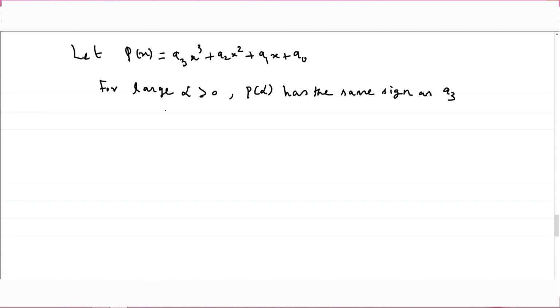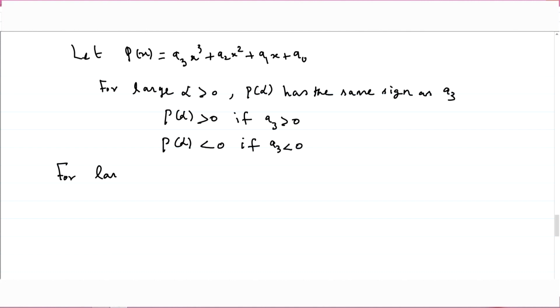Therefore p(alpha) will be greater than 0 if a3 is greater than 0, and less than 0 if a3 is less than 0. And for a large negative beta, we see that p(beta) has the opposite sign of a3.